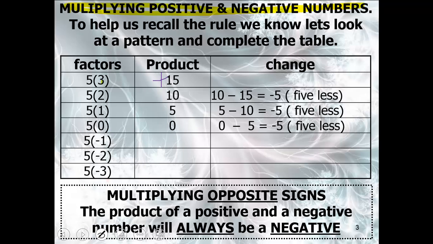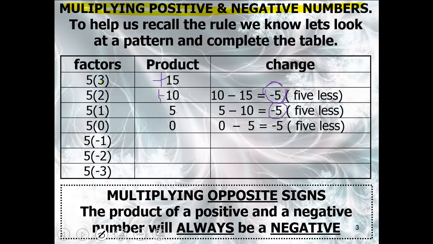Now watch, 5 times 2, I get a positive 10. What's the difference between 15 and 10? Well, we've subtracted 5. I want you to pay attention to how each multiplication goes down by 5. 5 times 1 is 5. We went down 5. This answer is 5 more than this answer.